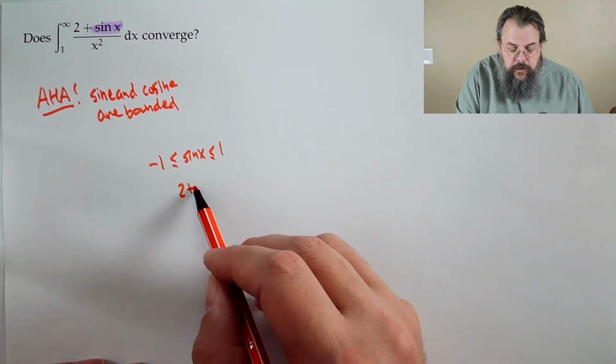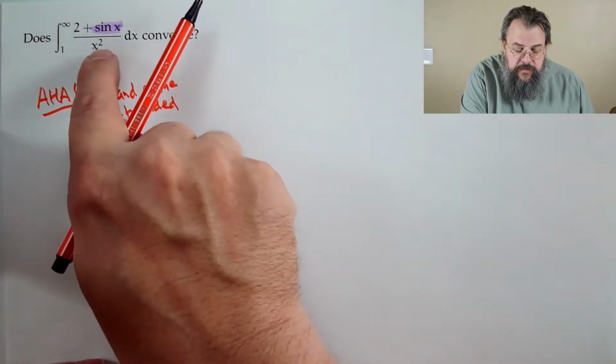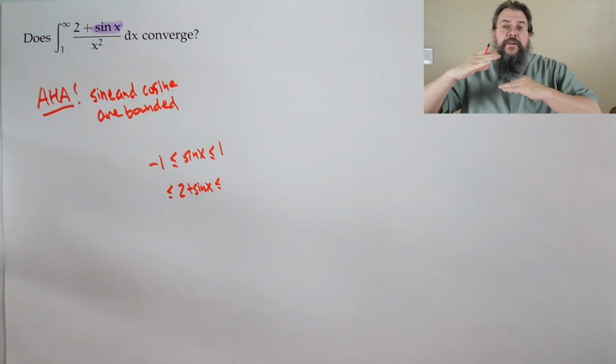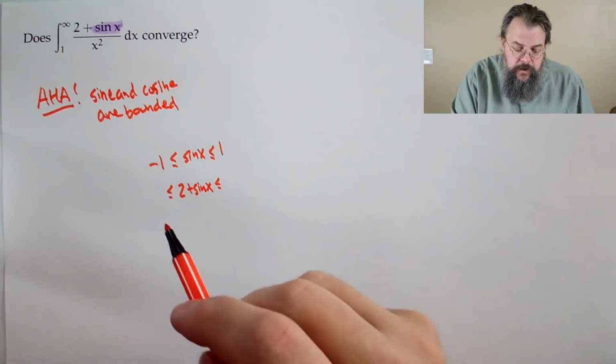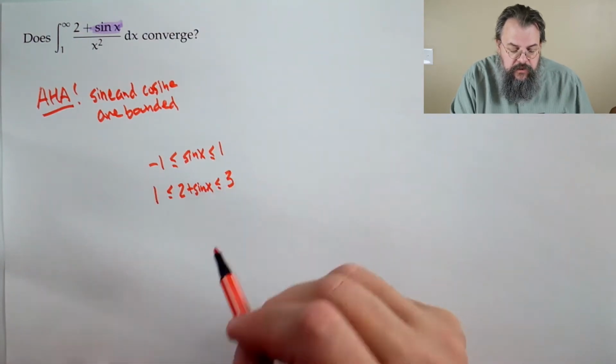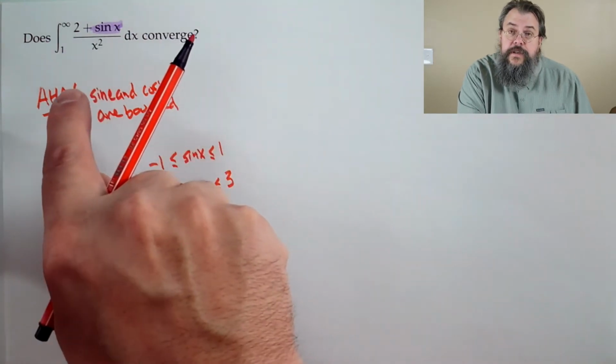And so what we can do is, because sine is bounded, let's see what happens to this expression. Let's bound it by looking at the worst case scenario for sine. So we're just going to start building up. We add 2 to everything. That's between 1 and 3. And now, divide everything by x squared, which is positive.